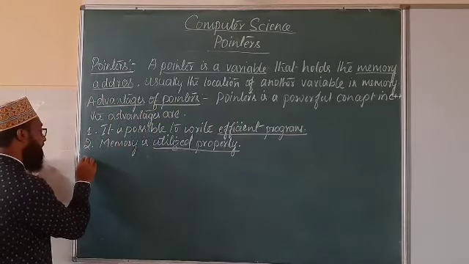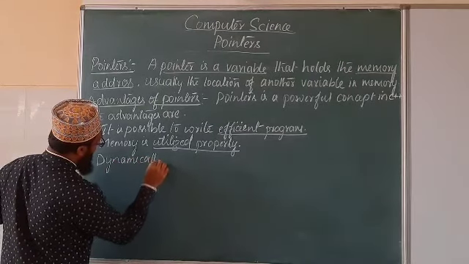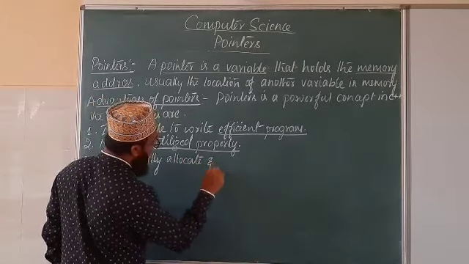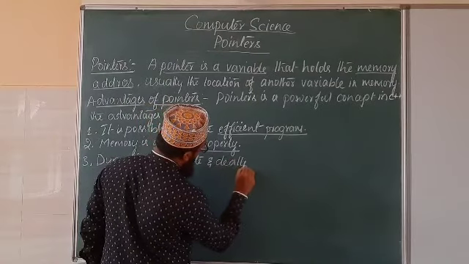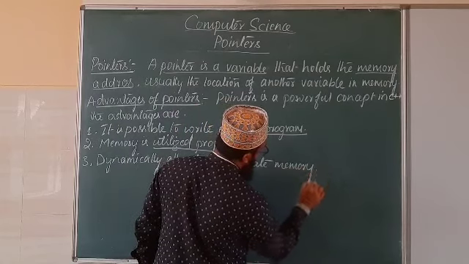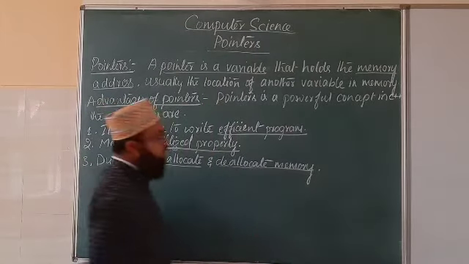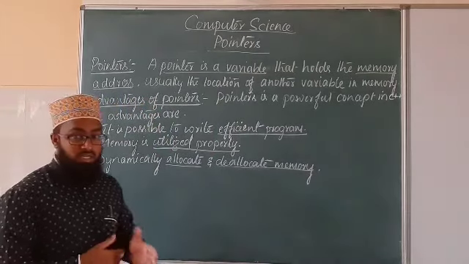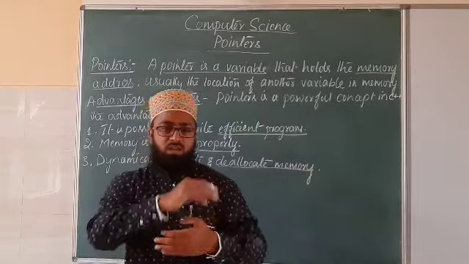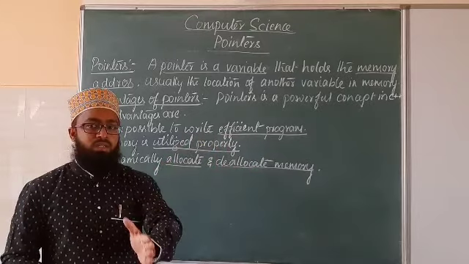And the third one is to dynamically allocate and deallocate memory. If you want to allocate and deallocate memory, with the help of pointers we can easily do it. Allocation means setting that this memory is needed for this type of variable, and we store that variable in the memory location.